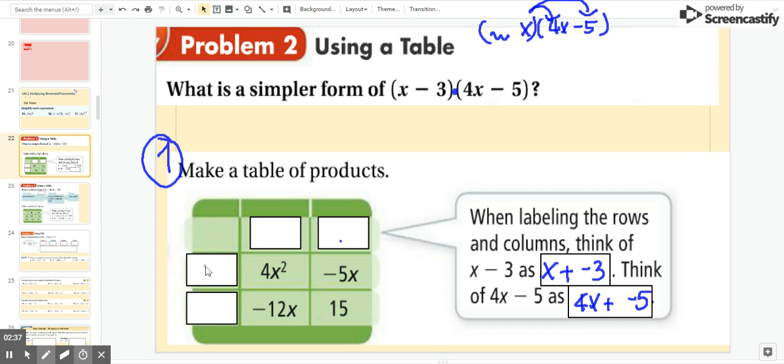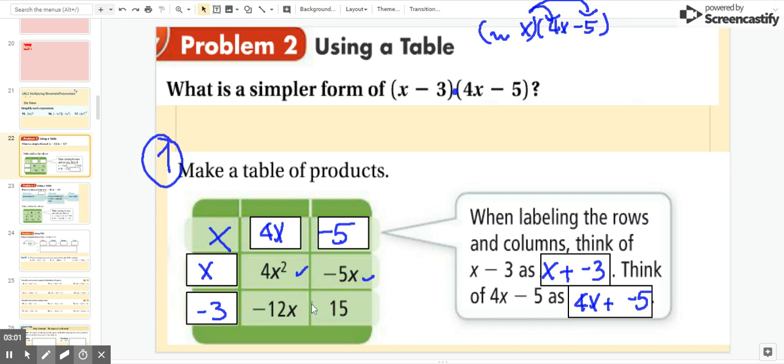So I'm going to put x plus negative 3 on the left side, so x and negative 3, and 4x and negative 5. Now you're going to multiply this. So x times 4x, 4x squared, and negative 3 times 4x, negative 12x, negative 3 times negative 5, 15, and x times negative 5, negative 5x.